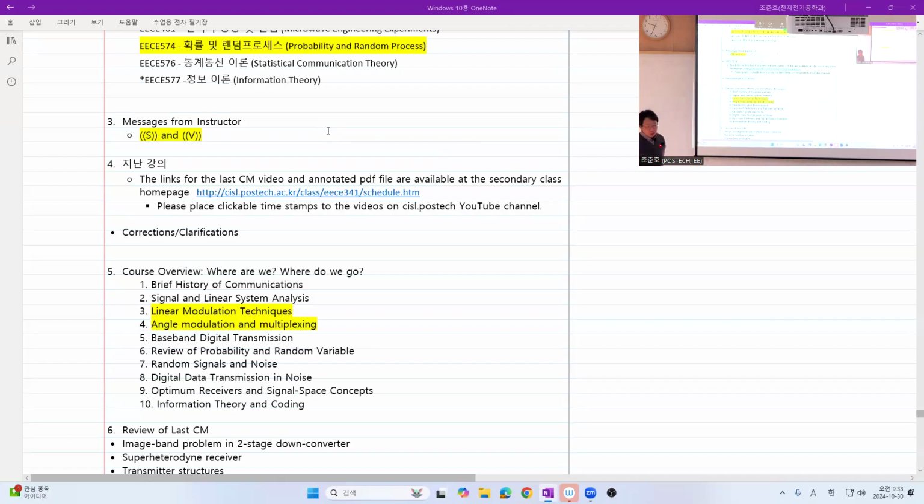As already mentioned, we are going to finish up this linear modulation technique chapter, and we are going to move to angle modulation and multiplexing. And probably the pace will be like this: very slow, a little bit fast, and very fast. Because especially about chapters 6 and 7, I didn't put the 302 material, the 전자수학 A material, as a prerequisite for this course, which means that I'm not going to give you any probability related questions as far as it is common sense.